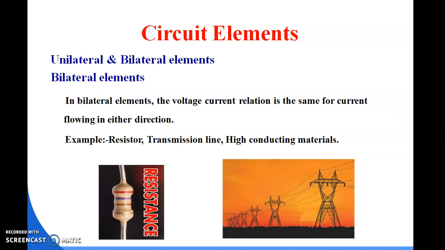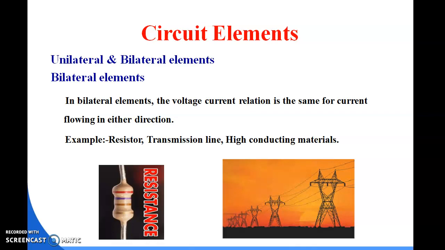Then comes the bilateral elements. Here, when the characteristic and property of a circuit element in a network does not change with respect to the change in direction of current, then it is known as a bilateral element. That means, in bilateral elements, the voltage current relation is the same for current flowing in either direction.